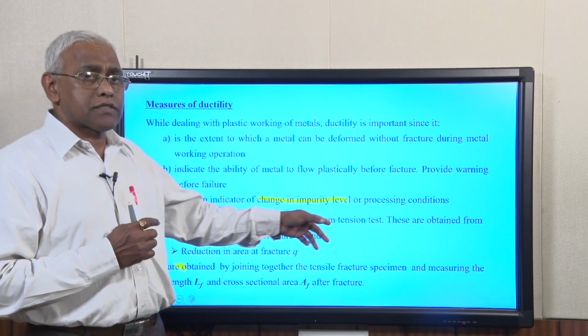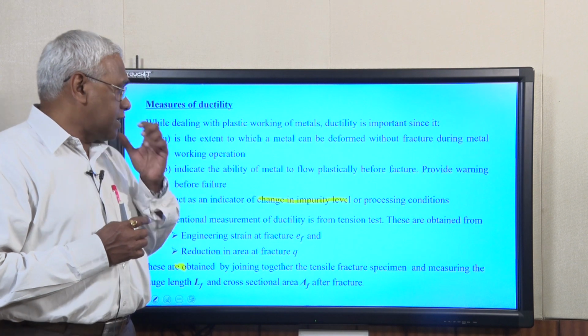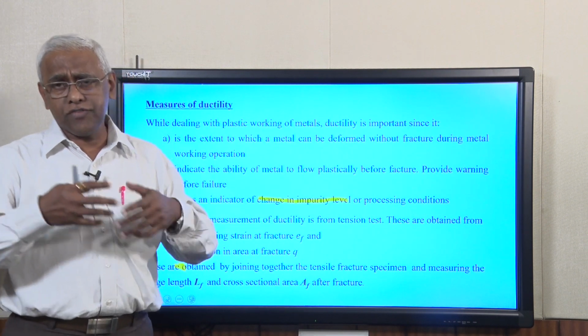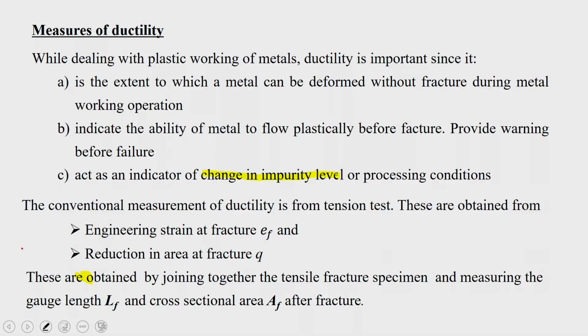The conventional measurement of ductility of any material is by using a tension test or a compression test. For deformation studies, people generally use compression testing, because it is much easier, especially when you are carrying out the experiment at a higher temperature, but otherwise at room temperature the data you can have is from a tension test.